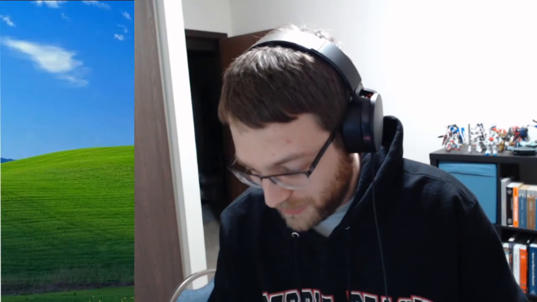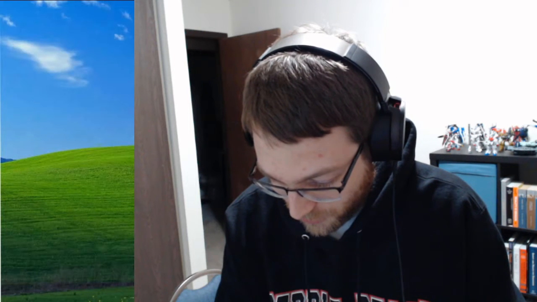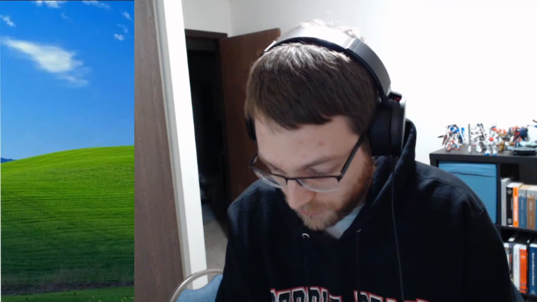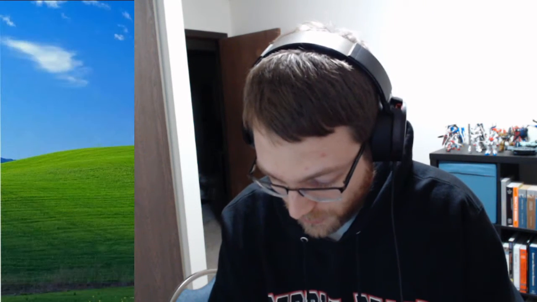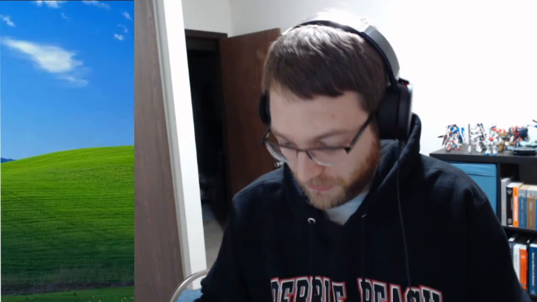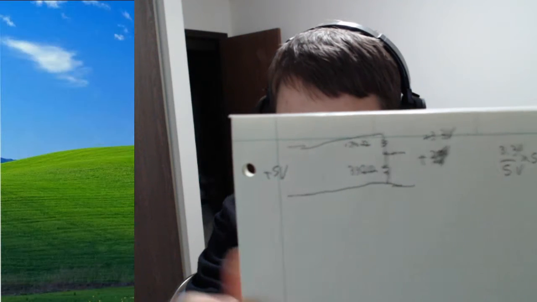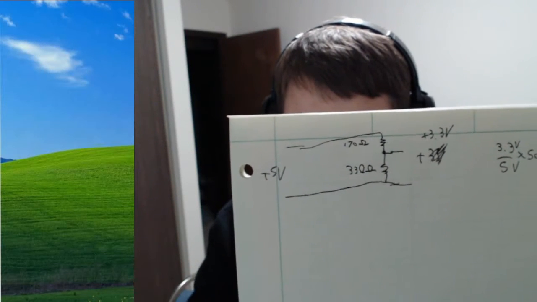So you would put a 330 ohm resistor across the 3.3 volts that you intend to drop it across, and then you would put the remainder of the 500 ohms, a 170 ohm resistor, across the top there, and this will be a voltage divider that will get you to 3.3 volts out for your load.